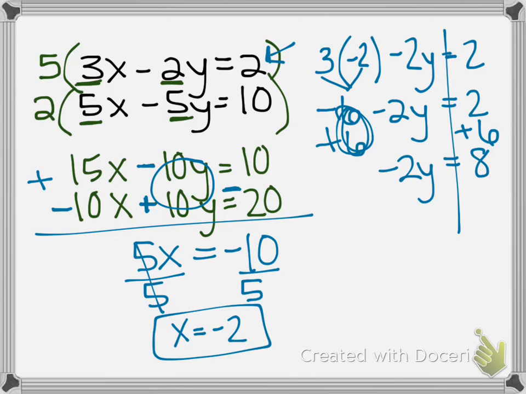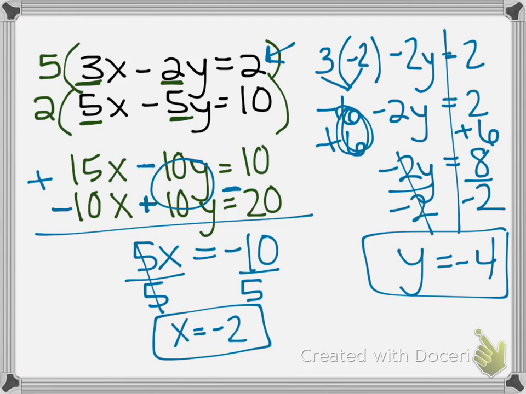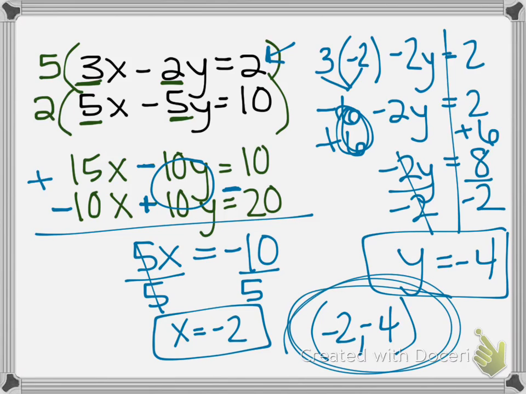And that's 8. And divide by negative 2, and y is negative 4. So our solution is negative 2 comma negative 4. So if we plug in the x and the y, a negative 2 and a negative 4, it will work for both of the equations. And that's why it's the solution to the system.